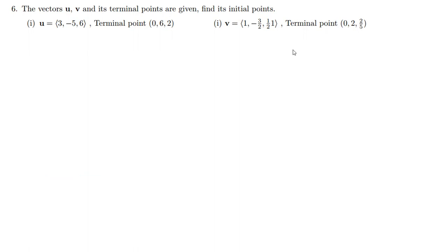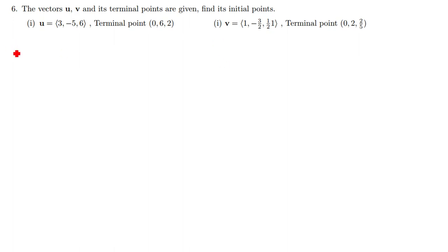So this other question says the vectors u, v and its terminal points are given, find the initial point. So for these two vectors, we've been given the vector itself and its terminal point, and now we have to find the initial point.